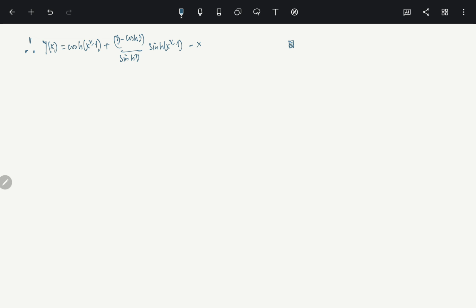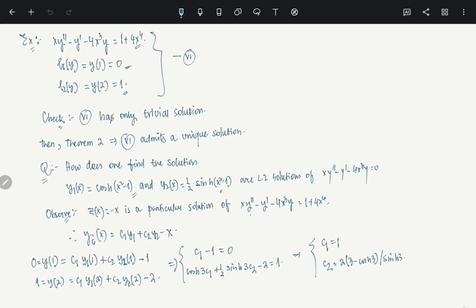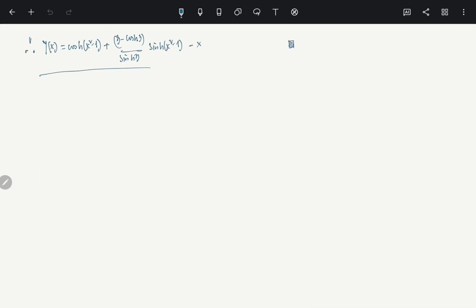This is what your unique solution looks like, and this is how you conclude that problem 6 has a unique solution, and how it looks. This is how you calculate it. With this we are going to end this study of linear boundary value problems.